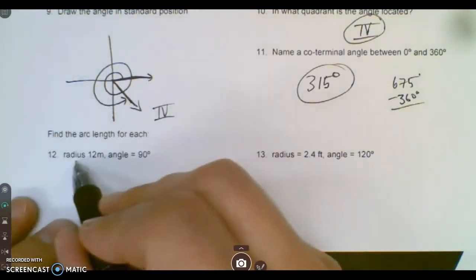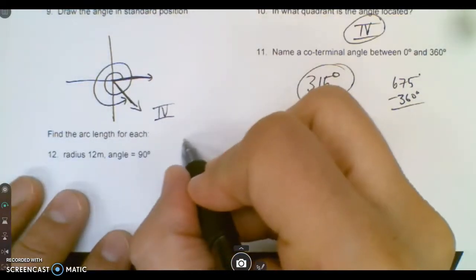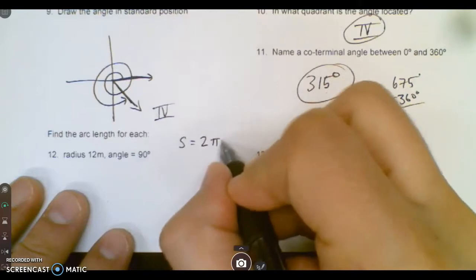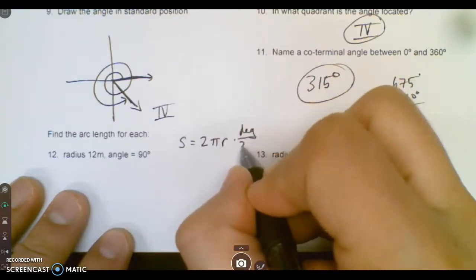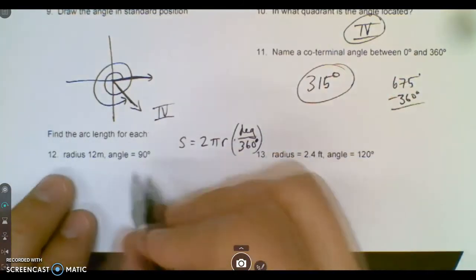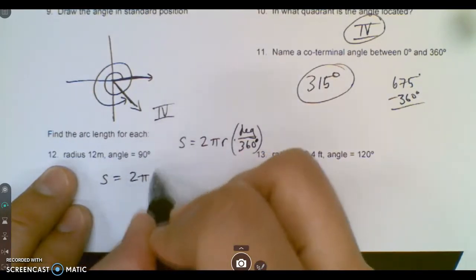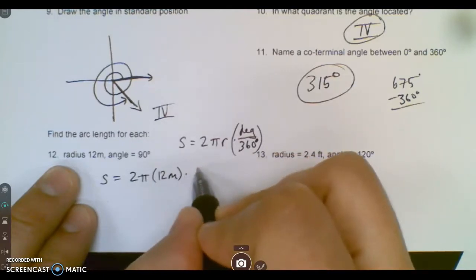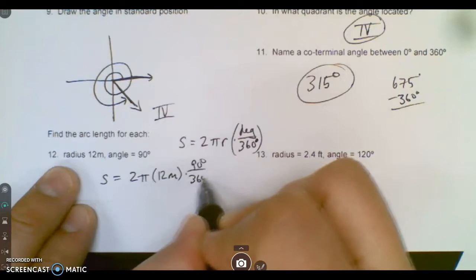Alright, now we have radius and arc length. There's a crazy formula for this. S is your arc length, which is 2 pi r times degrees over 360. If I have a radius here, I'm going to find the length of this arc. 2 times pi times 12 meters times degrees, which is 90 in this problem, over 360.